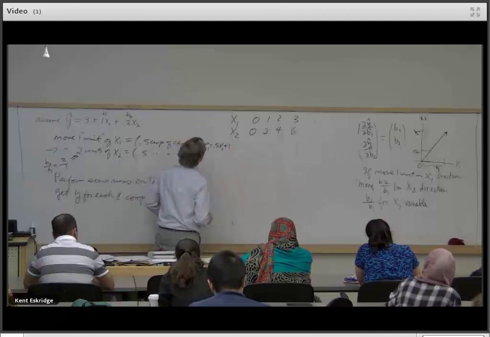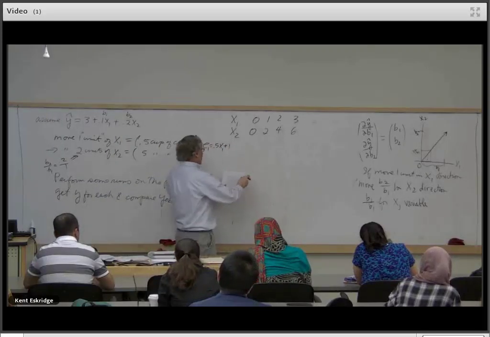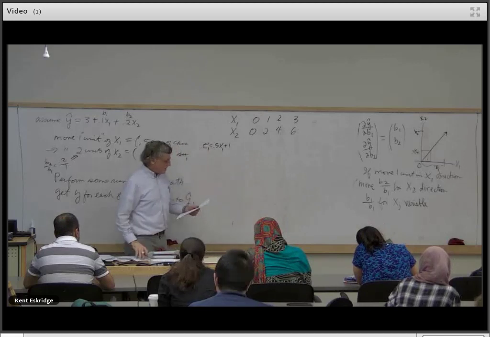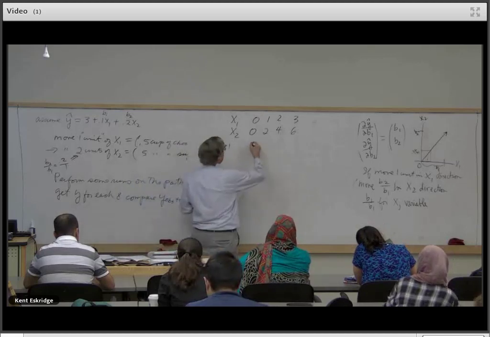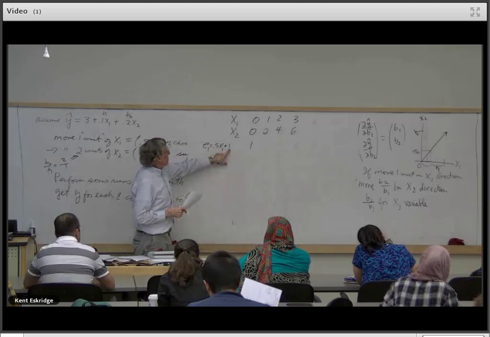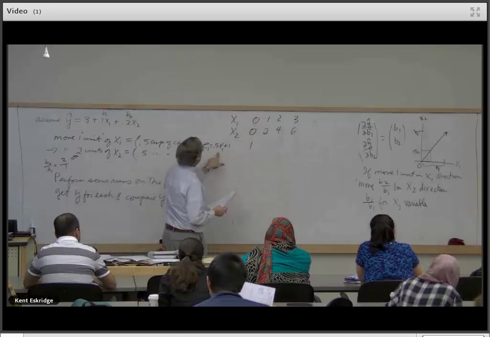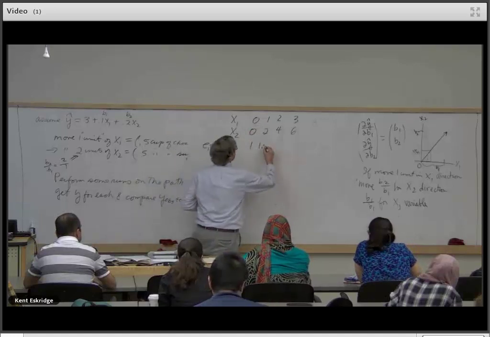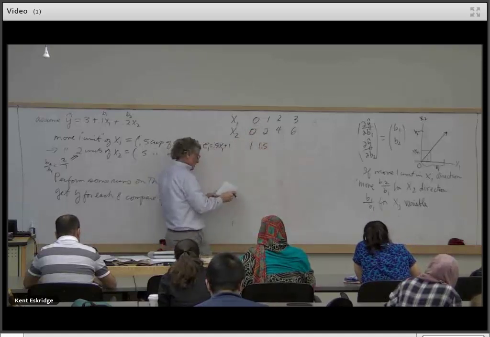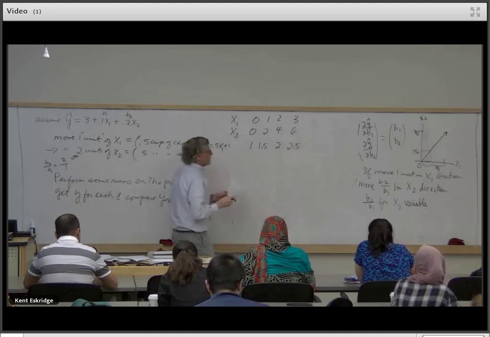That would be my E1 value. So my E1 values are going to be 1, if I just calculate. I'm going to start at 1 cup of sugar. Then I plug in x1, so this is going to be 1.5 cups of sugar, and this will be 2 cups of sugar, and this will be 2.5 cups of sugar.